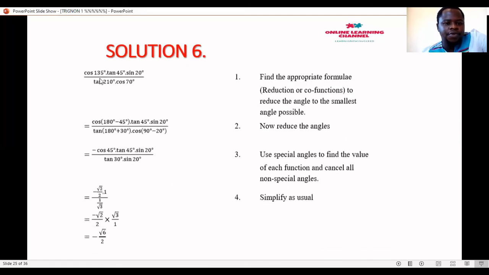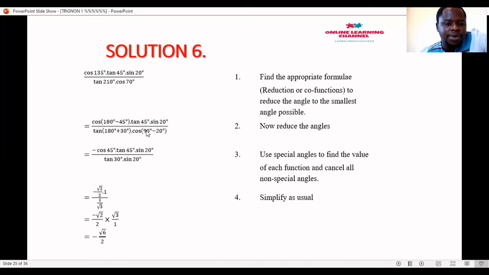So for cos 135, it will be cos of 180 minus 45, and tan 45 you leave, it's a special angle. Sin 20, leave it. And 210 will be tan of 180 plus 20, multiplied by cos of 90 minus 20 degrees.